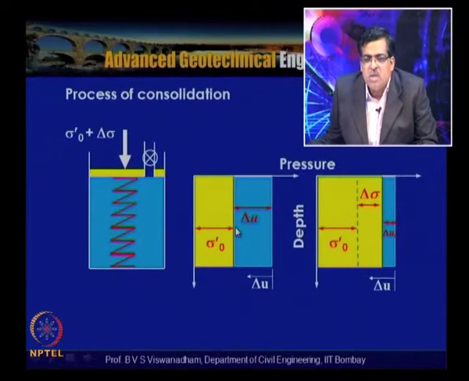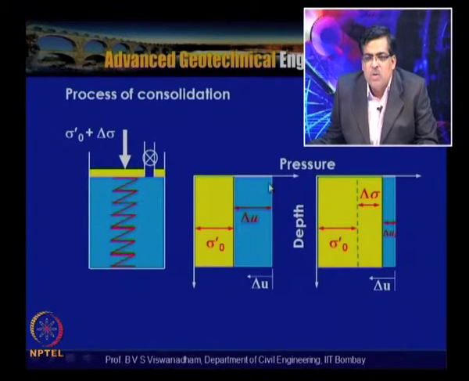Now once this valve is opened, this yellow portion starts covering the blue portion. That is nothing but sigma naught dash with delta sigma t at any time. This portion is transferred to the soil grain, and this portion is yet to be dissipated. The moment this reaches this level, it is called the completion of consolidation, and that is sigma naught dash plus delta sigma.